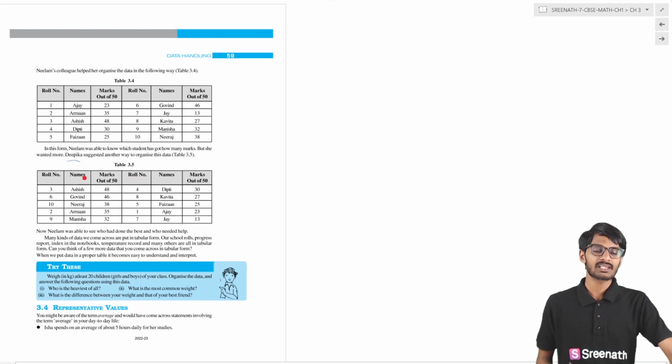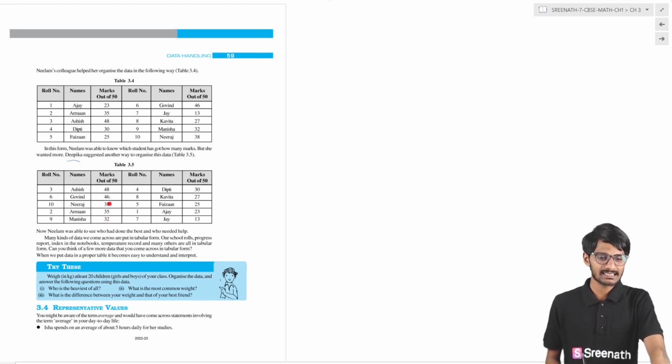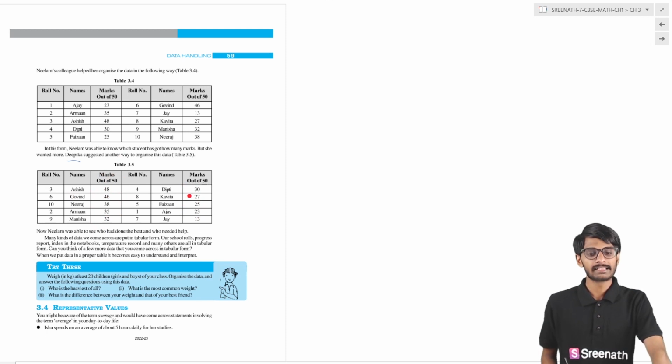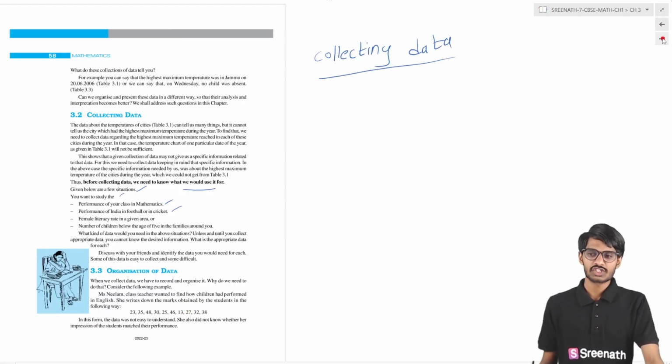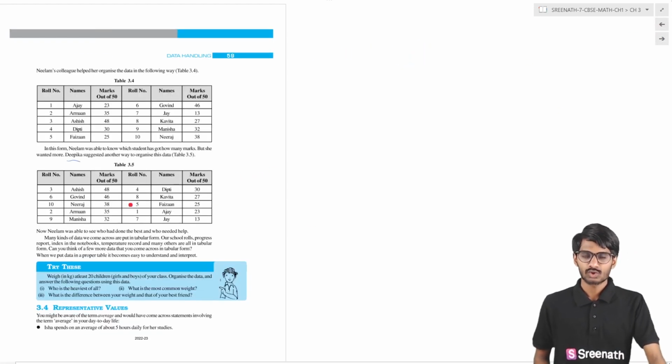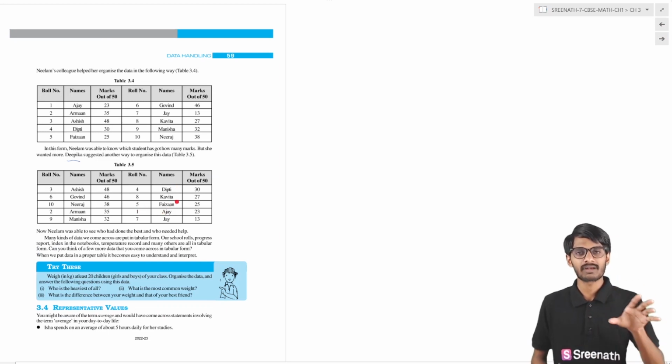In this row, she has written the marks above 30, and in this row she has written the marks below 30, so that it is very simple to know who are getting marks more than 30 and who are getting marks below 30. So data is the same, but the way of organizing is different.